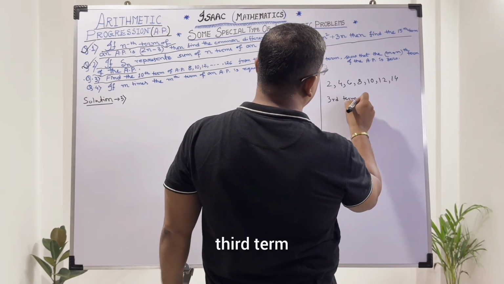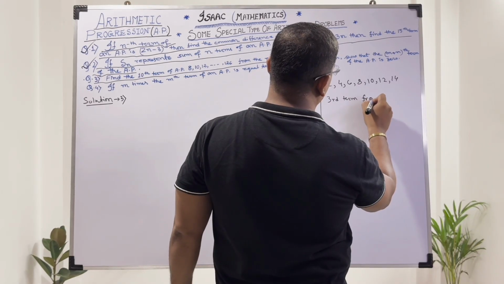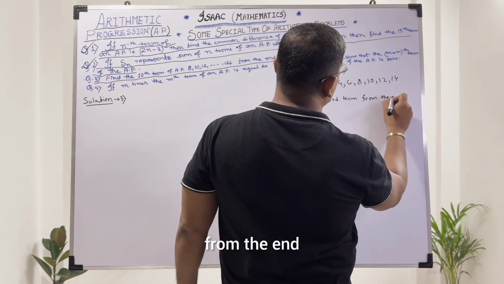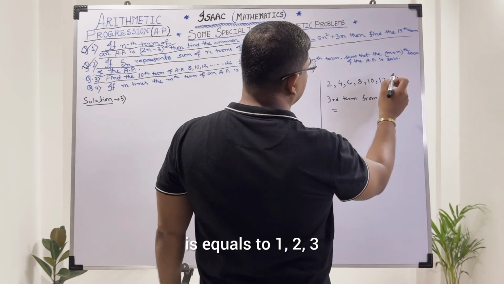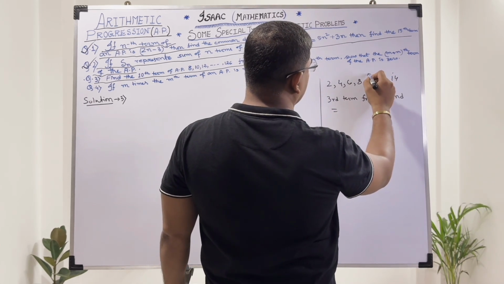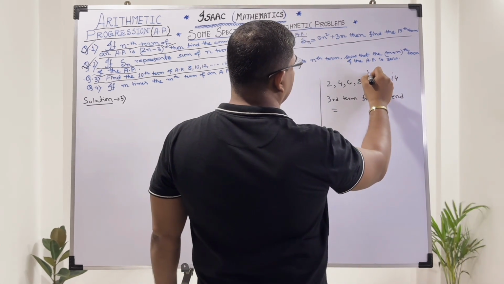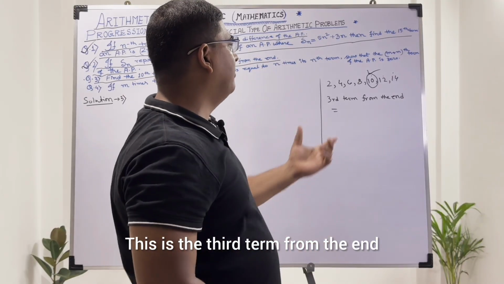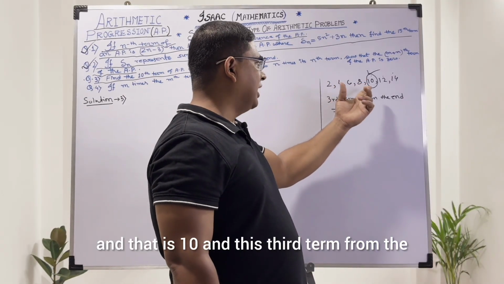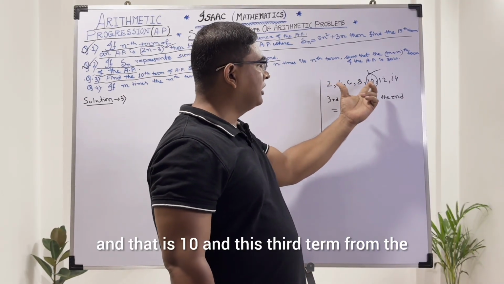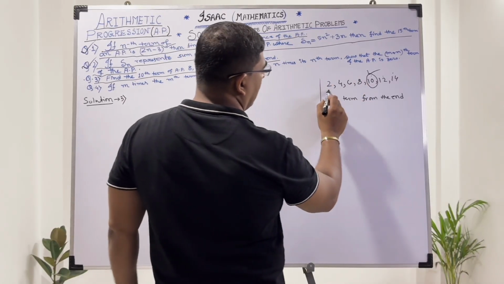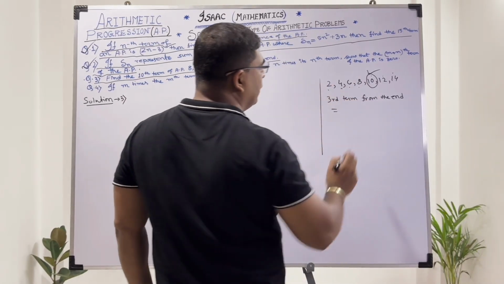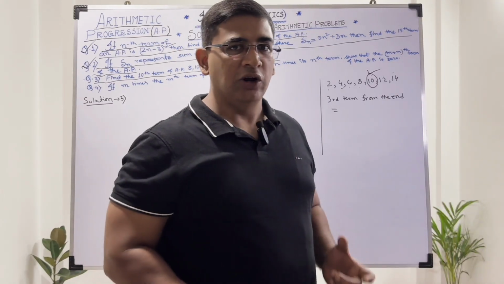Third term from the end is equal to 1, 2, 3. This is the third term from the end, and that is 10, and this third term from the end is equal to 1, 2, 3, 4, 5, the fifth term from the beginning. Okay.